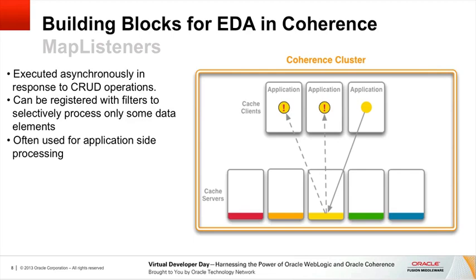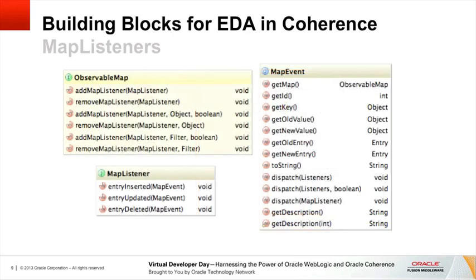Map listeners can be registered with filters to selectively process only some elements in the cluster, and they're often used for application-side processing. There are three key elements to map listeners. First and foremost, there's the ObservableMap interface. This is the interface that allows you to add and remove map listeners.